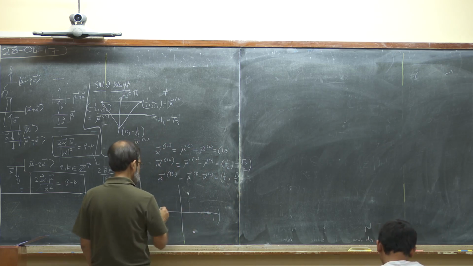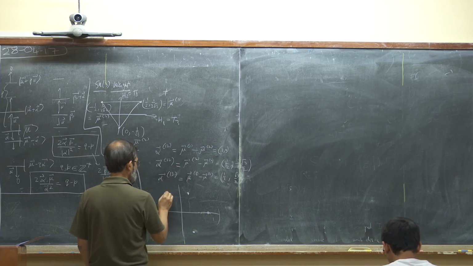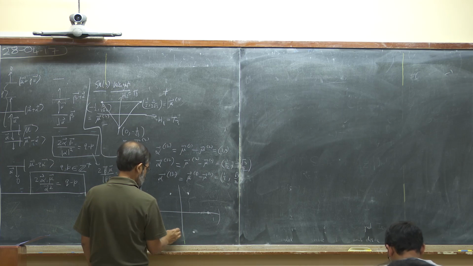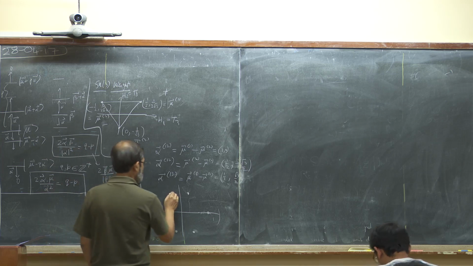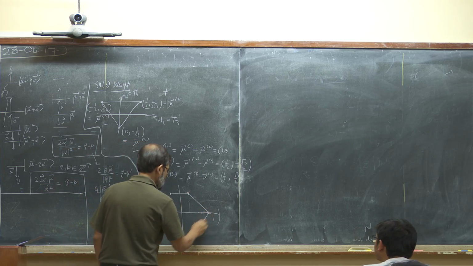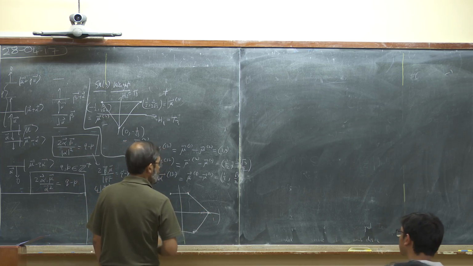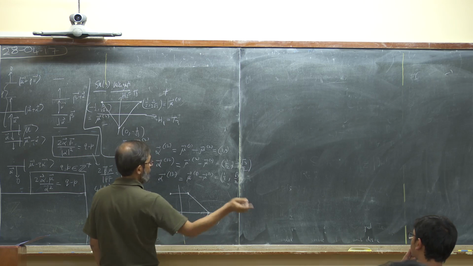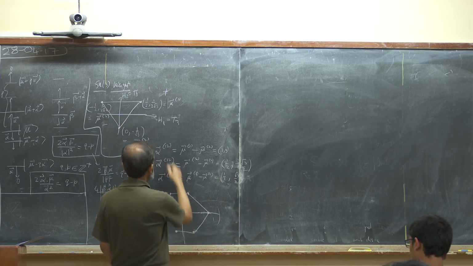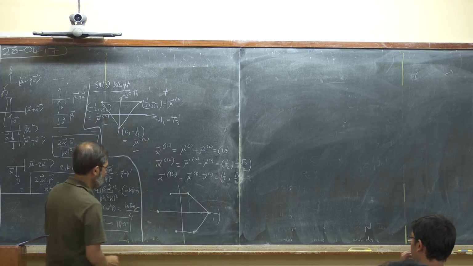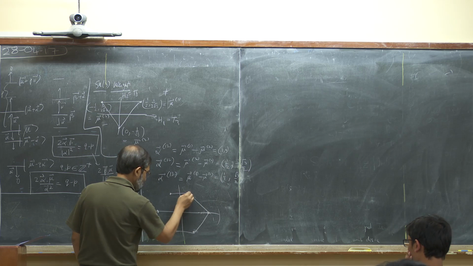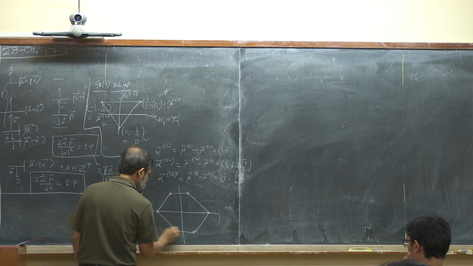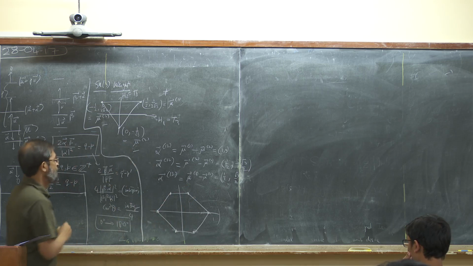I reflect all of them around the origin, I have to take the minuses of them. So if this is alpha, minus alpha is here, and like that.